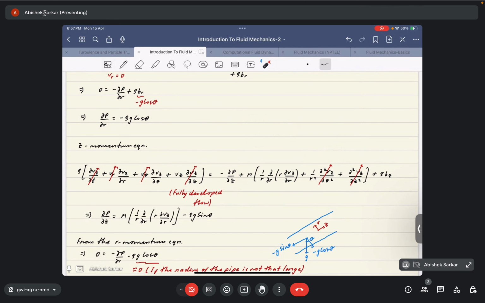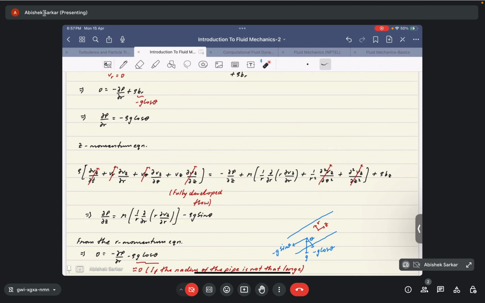For the next terms, this term is again non-zero because vz is a function of r, because of the fully developed assumption. Since vz is not a function of theta because of the axisymmetric assumption, and vz is not a function of z from the continuity equation, we have that vz is a function of r. The next term will get cancelled out because vz is not a function of theta because of the axisymmetric assumption.